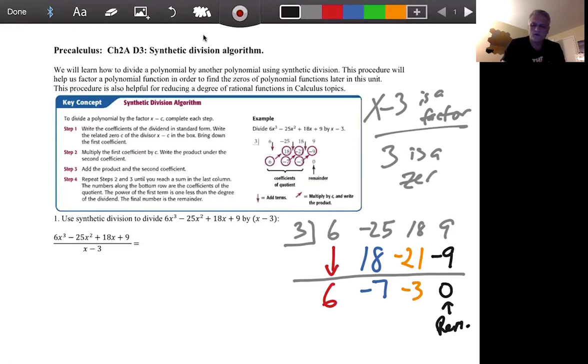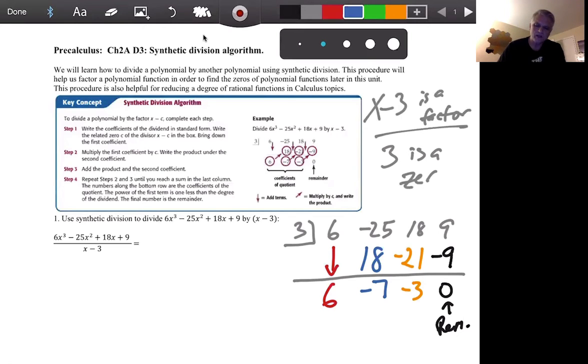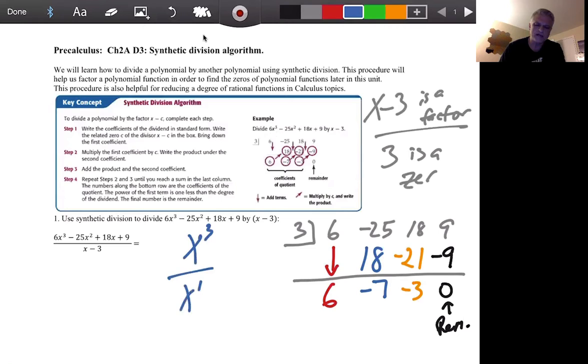So what do we do with these numbers? These, just like the originals, are going to be coefficients of a polynomial. They're going to be coefficients of our reduced answer. So we took x cubed and we divided by x. If you remember from Algebra 2, when you divide the same bases, you subtract top minus bottom.